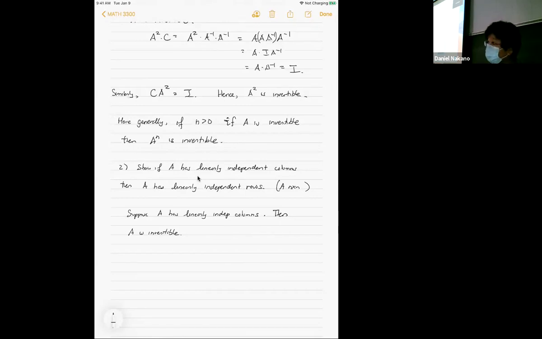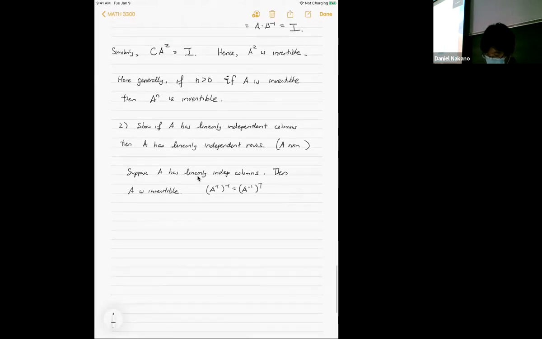So remember we had that formula which said the following, that A transpose inverse is equal to A inverse transpose. So what that says is that if A is invertible, then A transpose is invertible too.